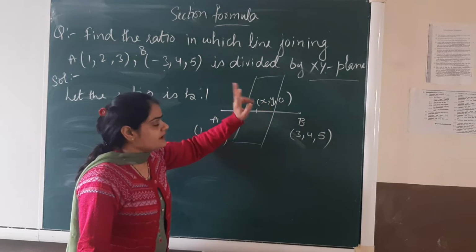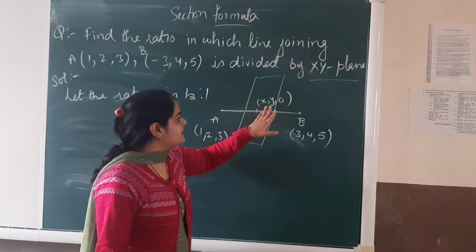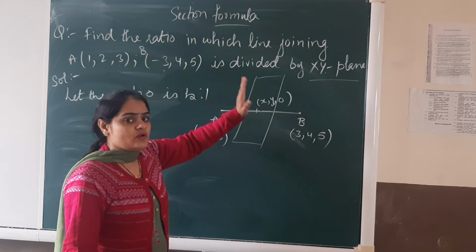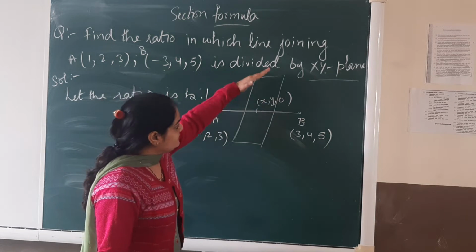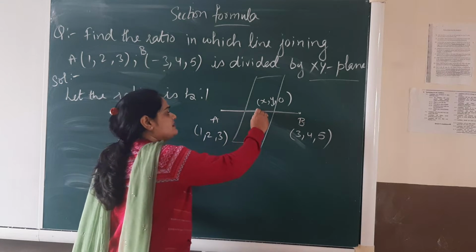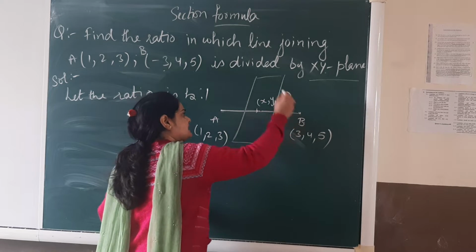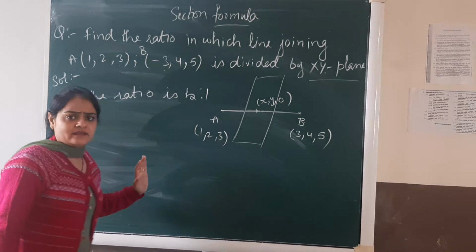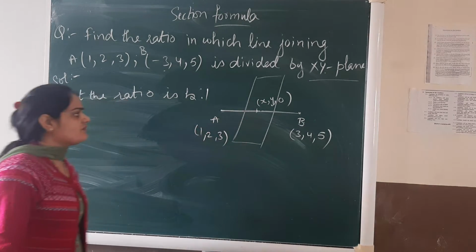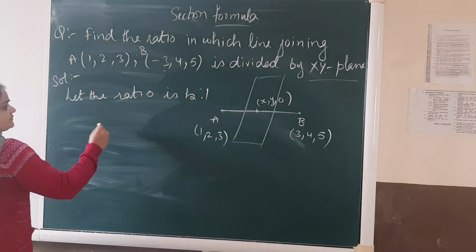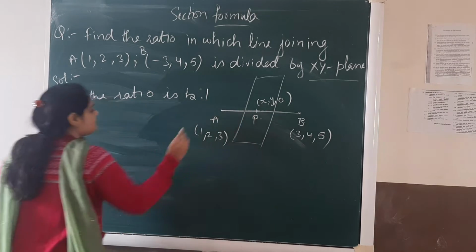This point is the intersection of this line and this plane. Take this point as P.